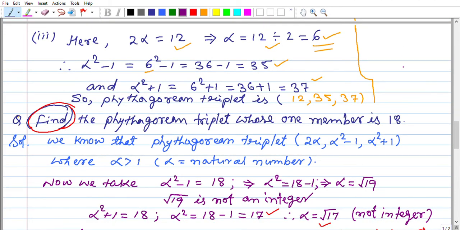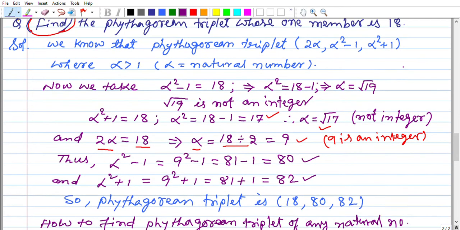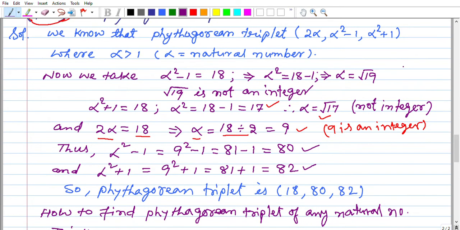So I have written here: how to find the Pythagorean triplet of any natural number in 1 minute.